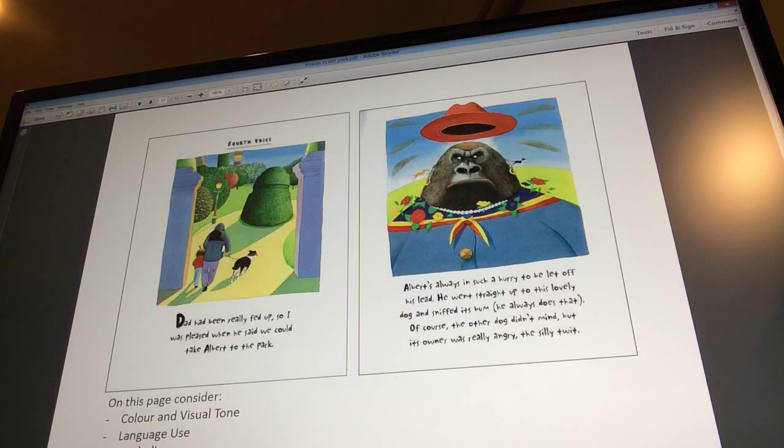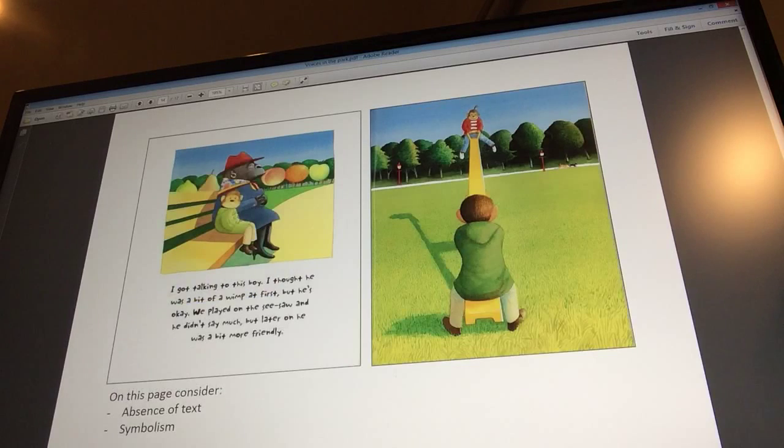Fourth voice. Dad had been really fed up, so I was pleased when he said we could take Albert to the park. Albert's always in such a hurry to be let off his lead. He went straight up to this lovely dog and sniffed its bum. He always does that. Of course, the other dog didn't mind, but its owner was really angry, a silly twit.